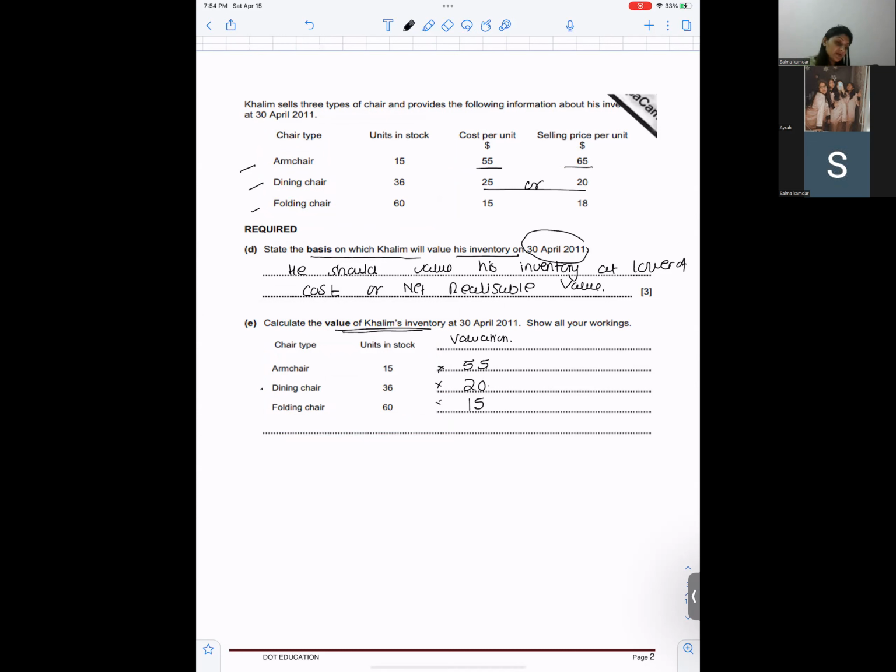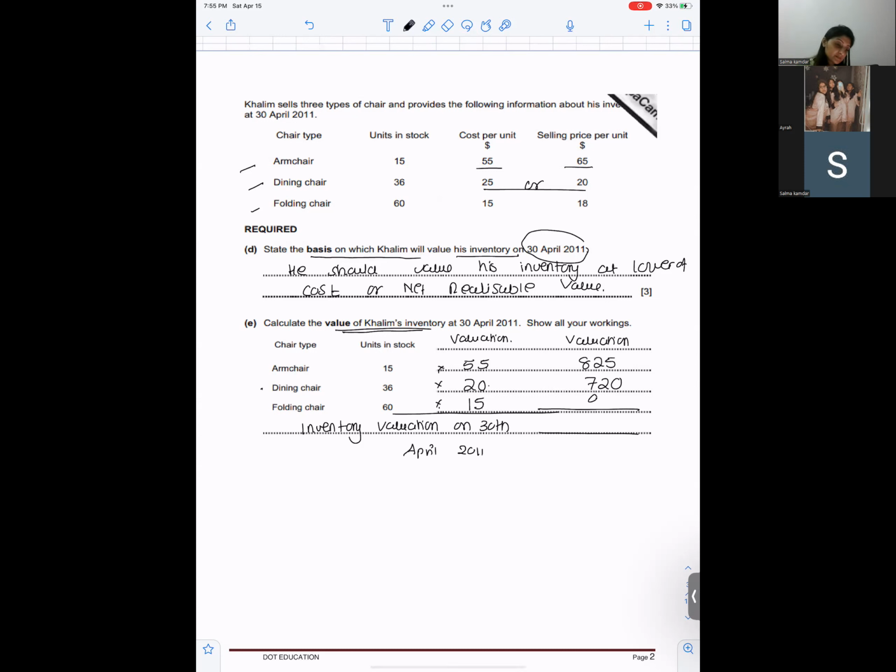So the valuation will come up to how much? Can you multiply and give me the answer? First one is 825, second one is 720, and third one is 900.